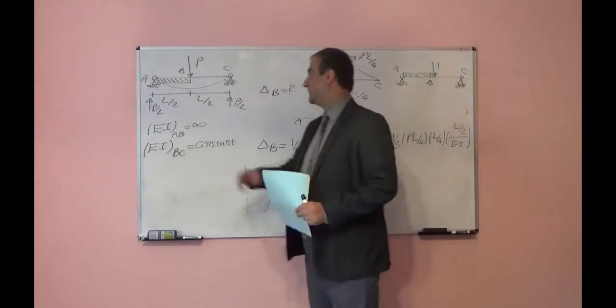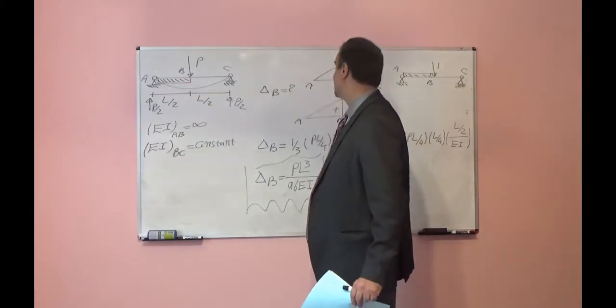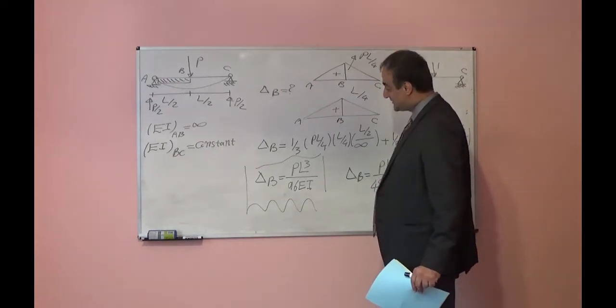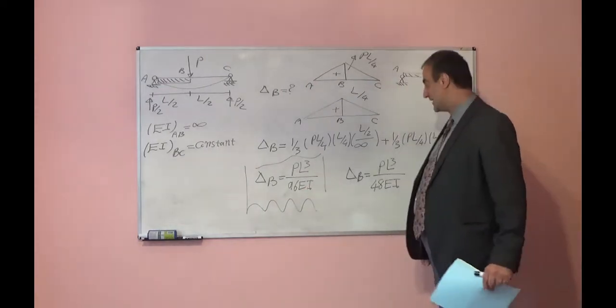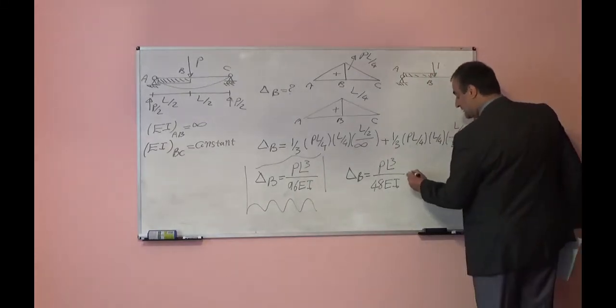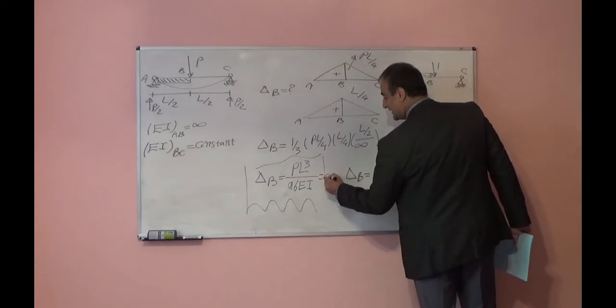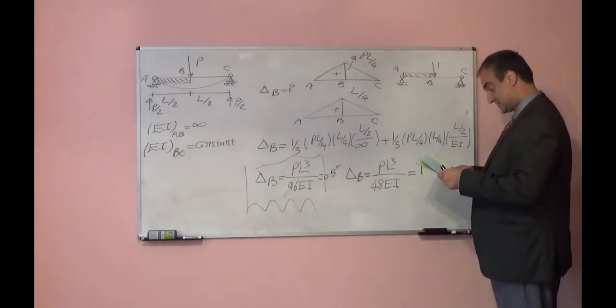If half of the beam, the AB part, is rigid, meaning that part will not deform, the deflection for point B will decrease to half. It will be PL cubed over 96 EI. For example, if the answer for this is 1 inch, this will be half inch. And it makes sense.